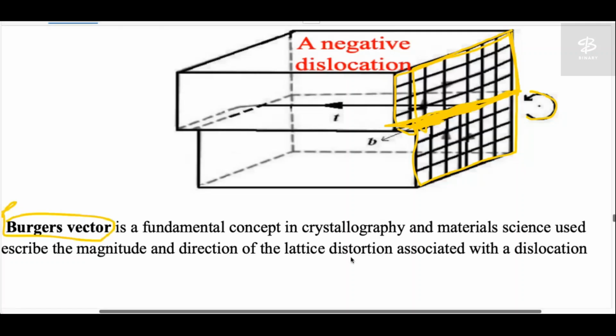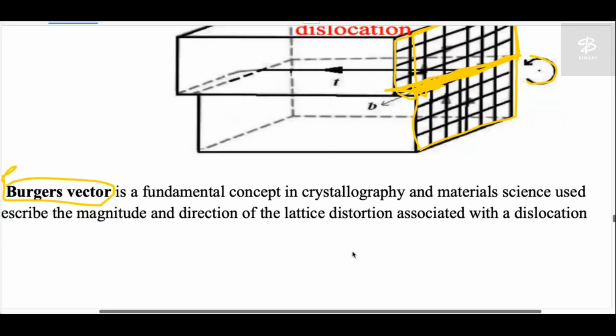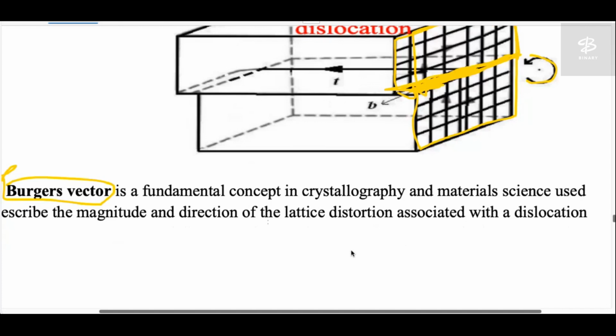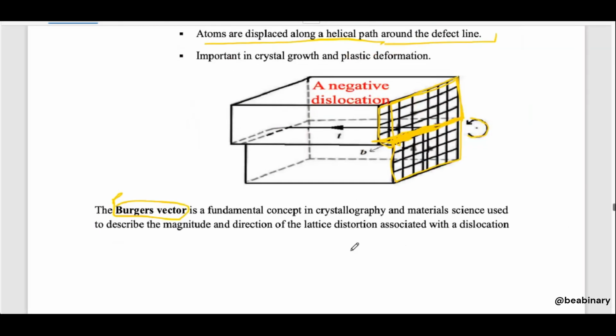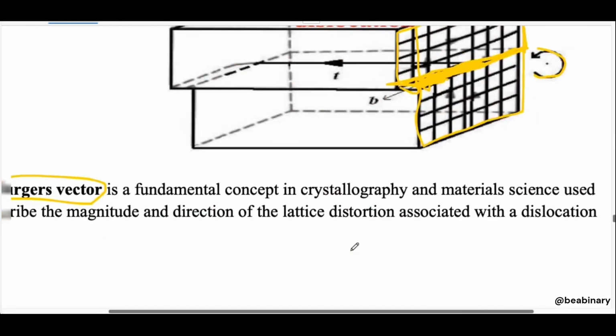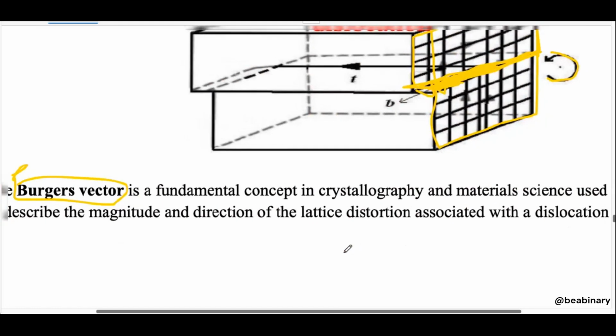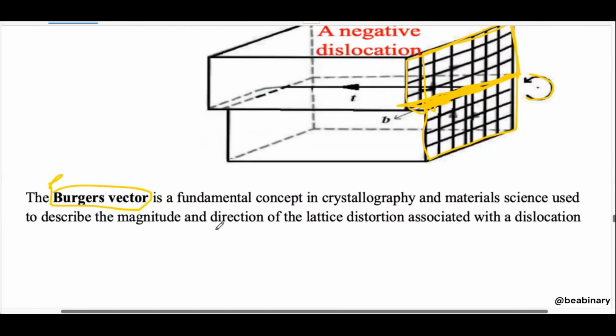It is a fundamental concept in crystallography and material science used to describe the magnitude and the direction of the lattice distortion associated with a dislocation.